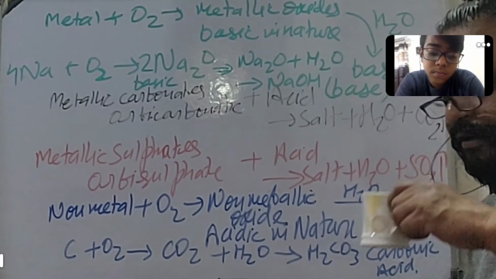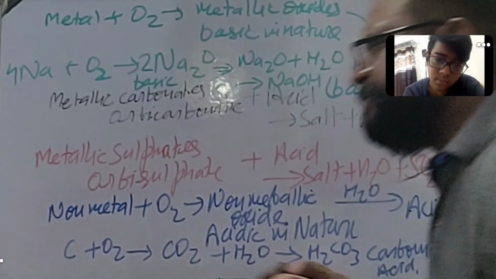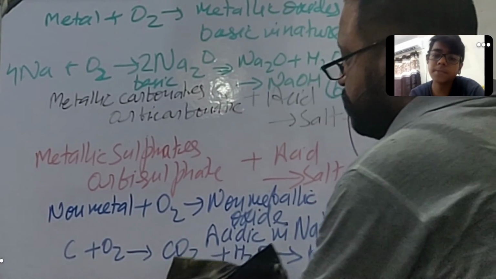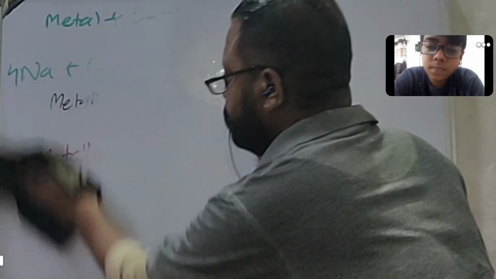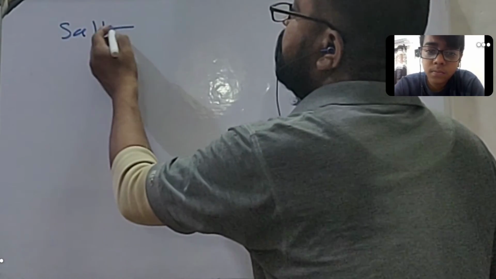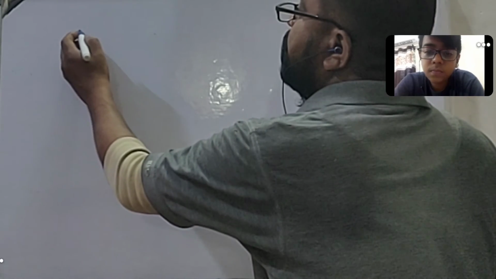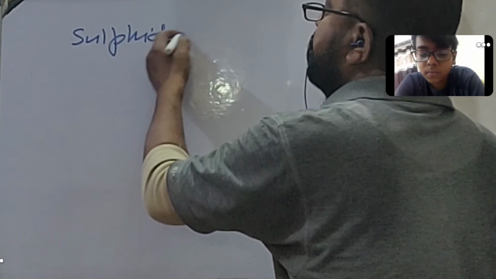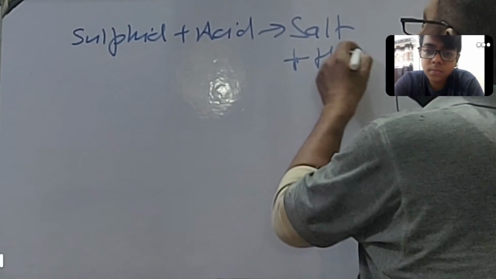Sulfide plus acid is giving you salt plus water plus H2S gas.